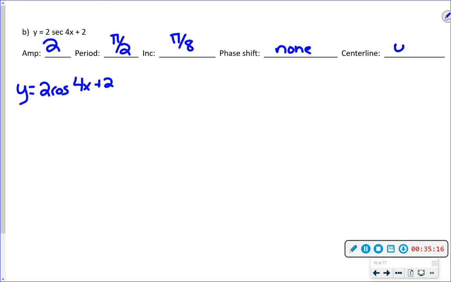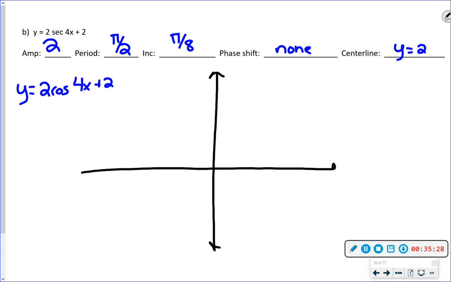So we're going to draw cosine first. Now, remember, new center line of 2, so I'm going to draw that on first. There's my new center line. From your center line, we're going to go up 2, down 2. So I'm going to have a max height of 4 and a bottom of 0.